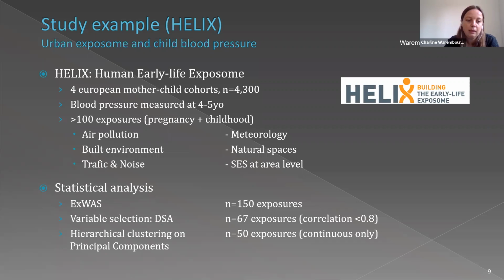And at the end, I also performed, I still have issues pronouncing this word, hierarchical clustering following a principal component analysis. And this was done using 50 exposures, so only the continuous variables.